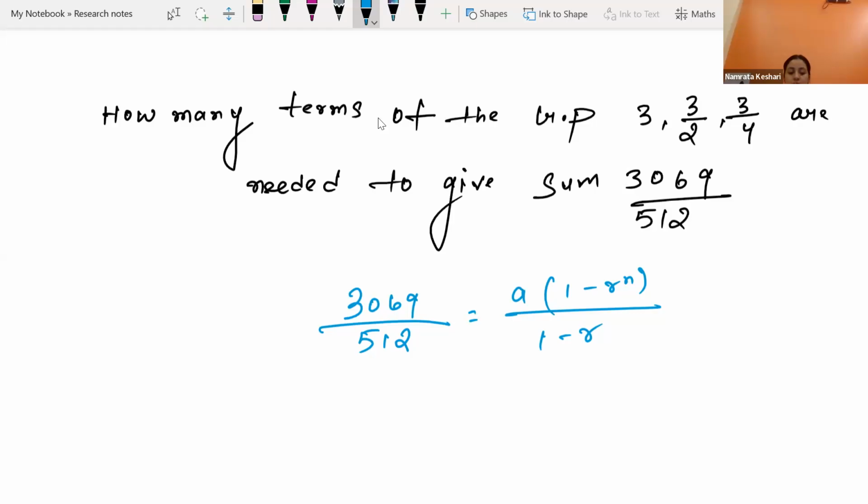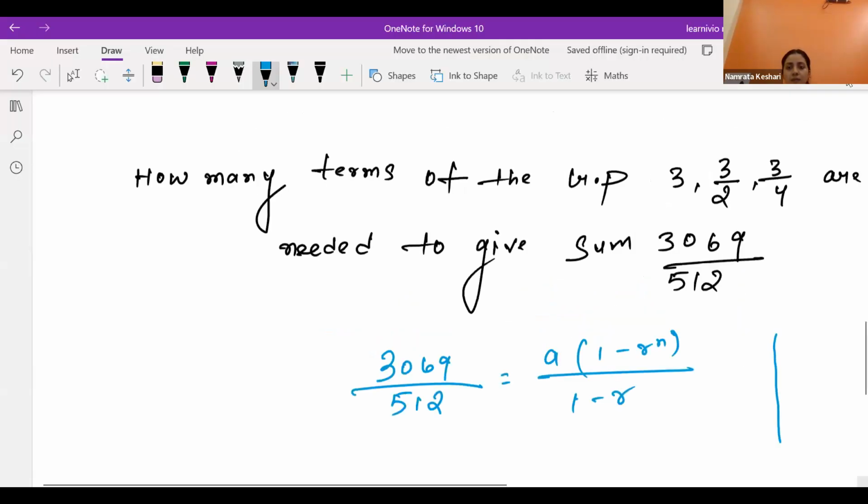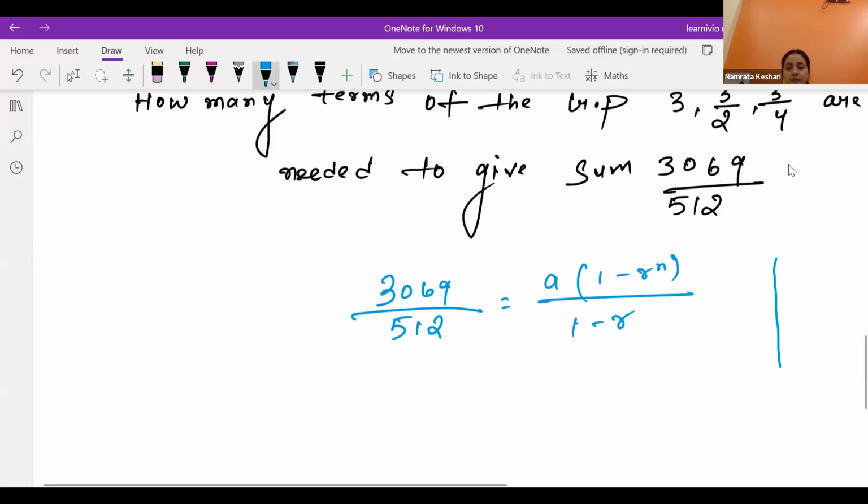Yes, what is r? Ali and Alina, what is r? Ma'am, I'm finding. Please find it.